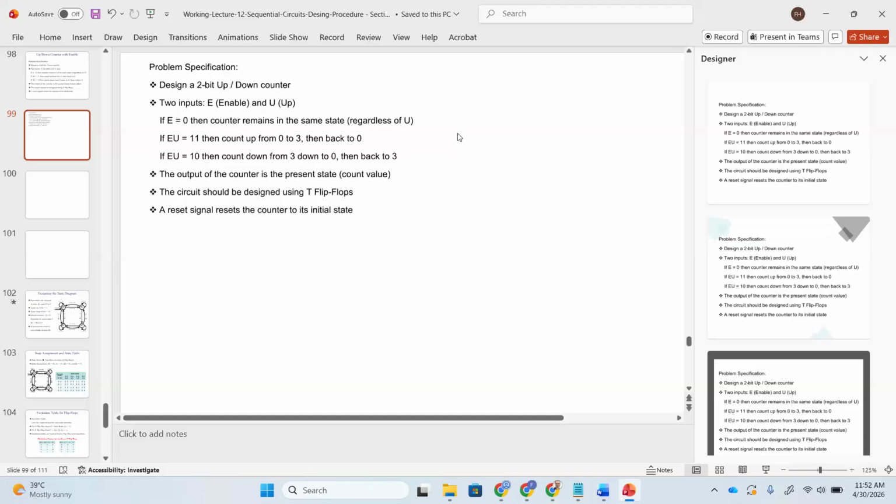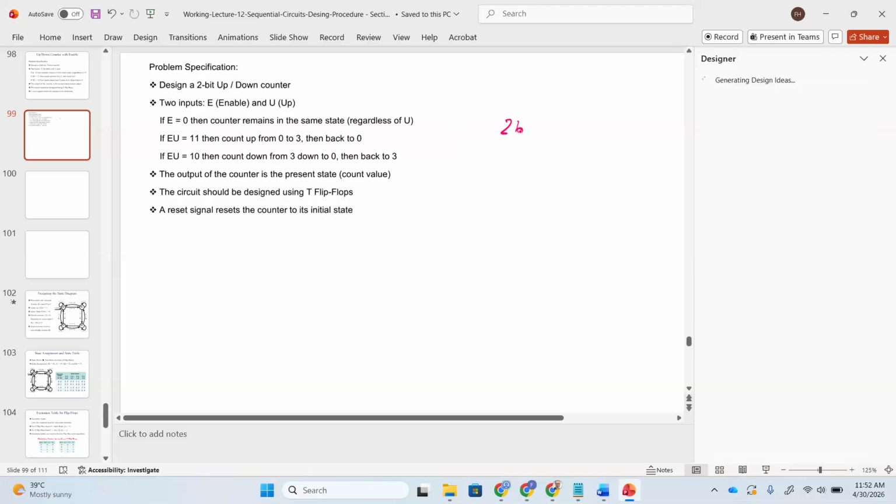Okay, please remember it's a 2-bit counter, so the possible states can be 00, 01, 10 and 11. These are the possible states because this is a counter, it counts from 0 to 3 because it's a 2-bit counter: 0, 1, 2 and 3. You got it or not got it?